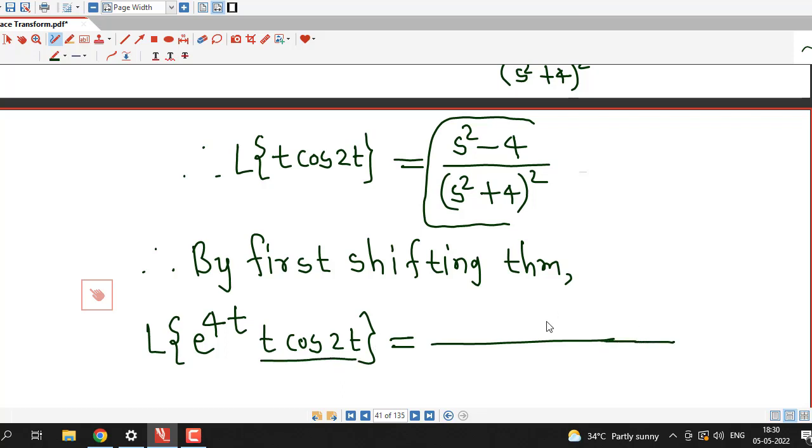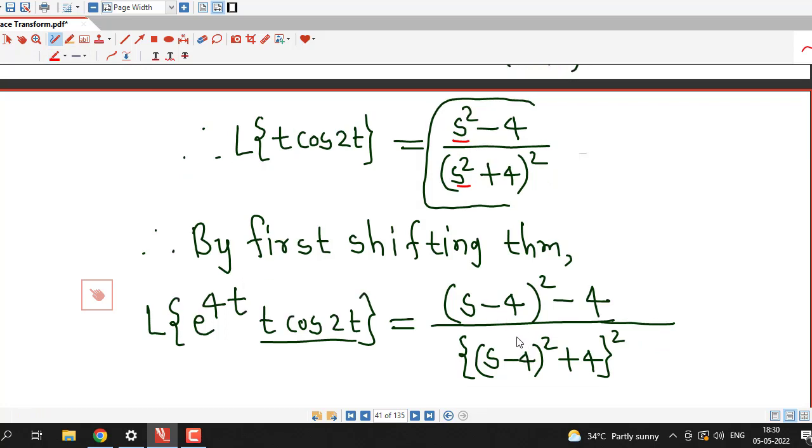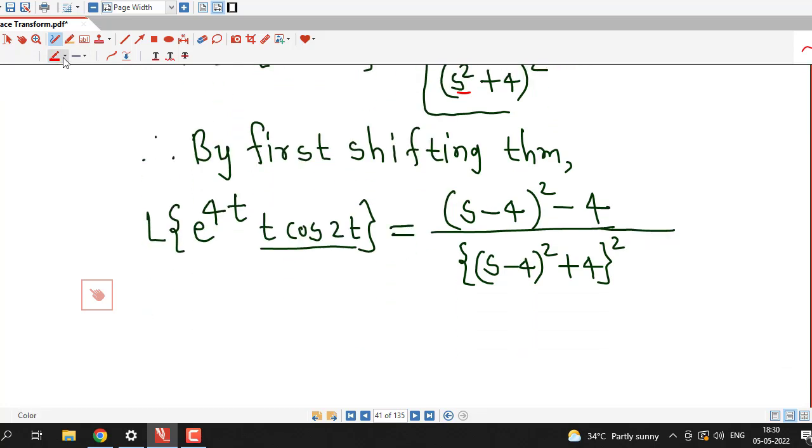So in this function we will replace s by s minus 4: s minus 4 square minus 4, s minus 4 square plus 4, and whole power is 2. So simply we have replaced this s and this s by s minus 4, and now we simplify this.